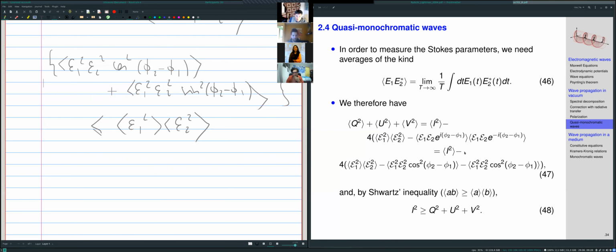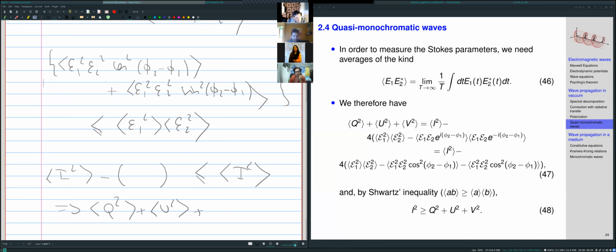This means that this whole thing is less than just I squared. So what I'm trying to say is this, is that I squared minus something positive is less or equal to I squared. So we have this inequality, less or equals to I squared.